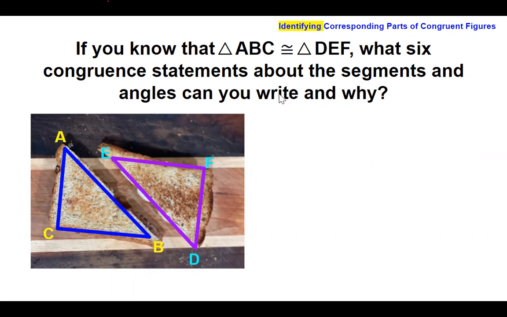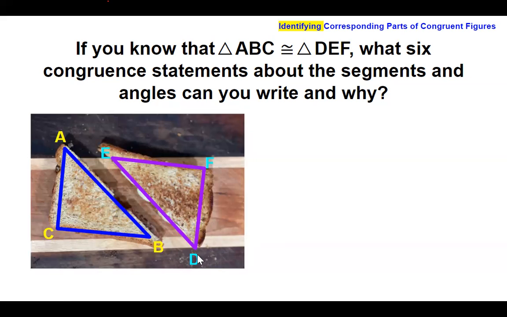We're going to state that triangle ABC is congruent to the other triangle, DEF. Now, we're going to create 6 congruence statements about our segments and angles, and why they're congruent to each other. So, 2 items that we're focusing on: sides and angles.